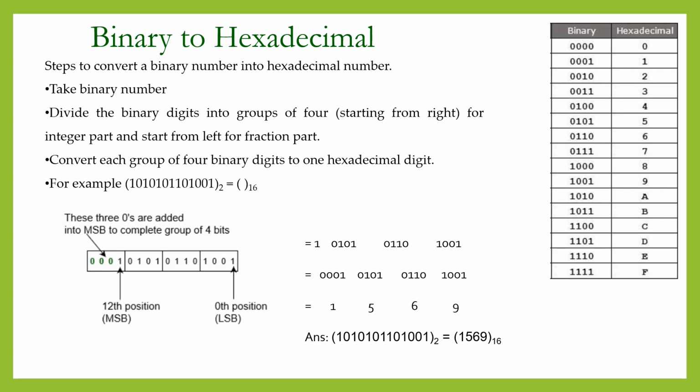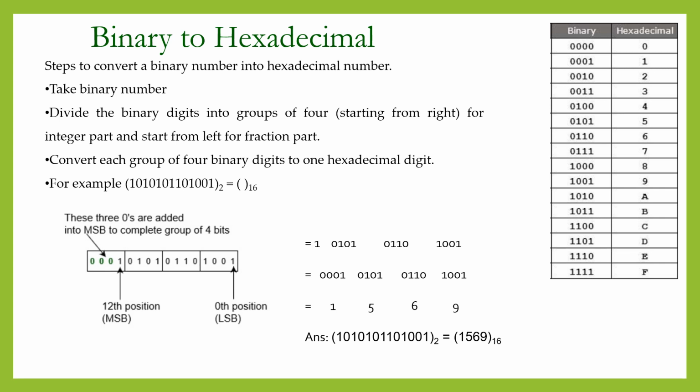10101011010001 to a hexadecimal value. The integer part of the binary number is divided into groups of 4 digits. In this case, the number of bits in the binary number is not a multiple of 4, so 3 zeros are added at the most significant position of the binary number to make complete groups of 4 bits.